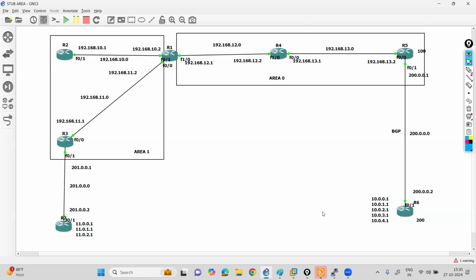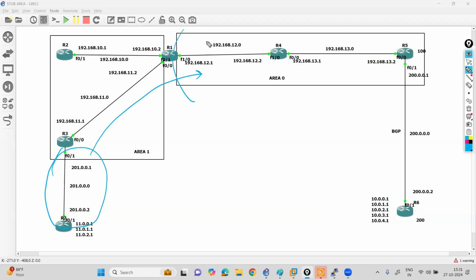R6 is already blocked, dear. Let me tell you why we use NSSA. I just want to pass this information without disturbance, right?